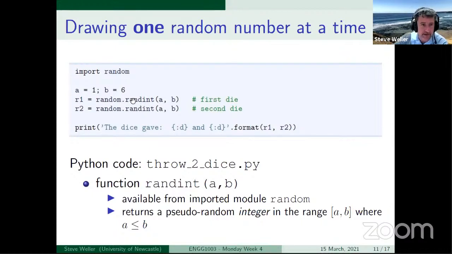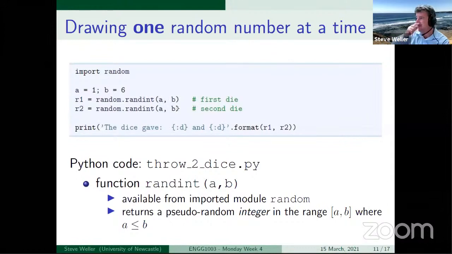And you can see here in the code on the screen, random.randint means that we're using the randint function inside the random module. And then we pass in the parameters A and B, being the minimum and maximum values of the dice.